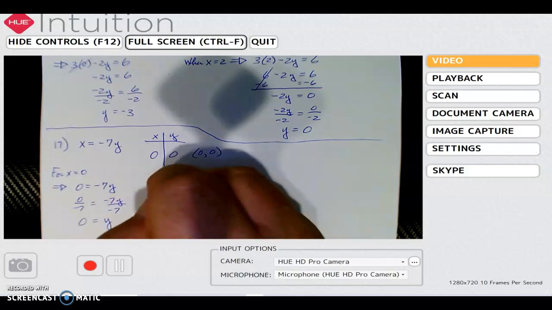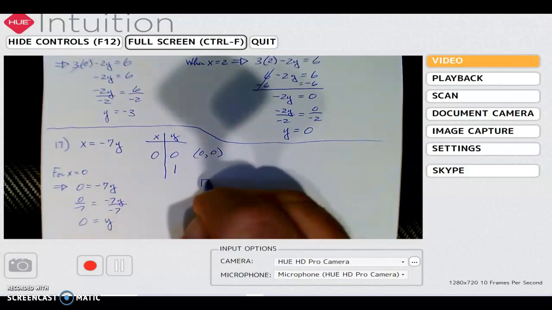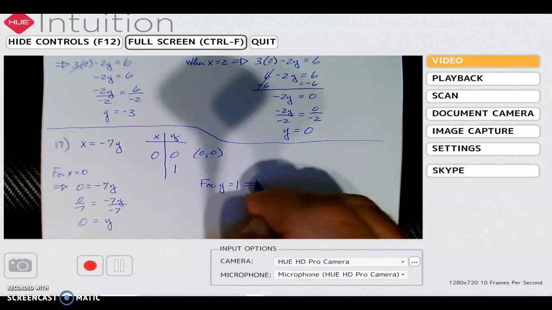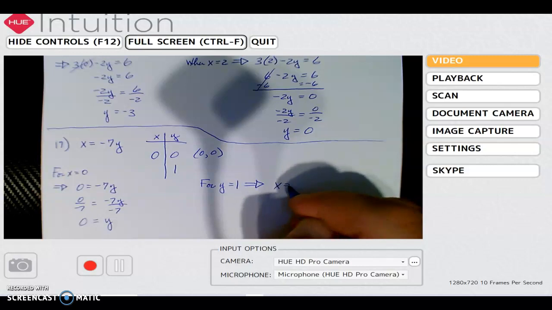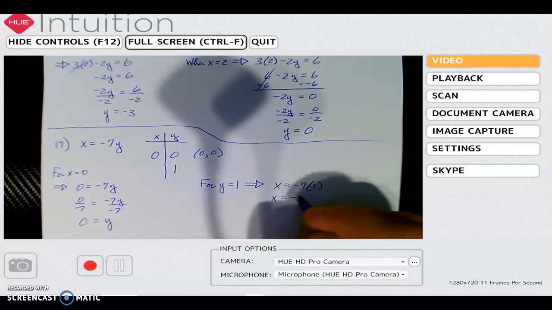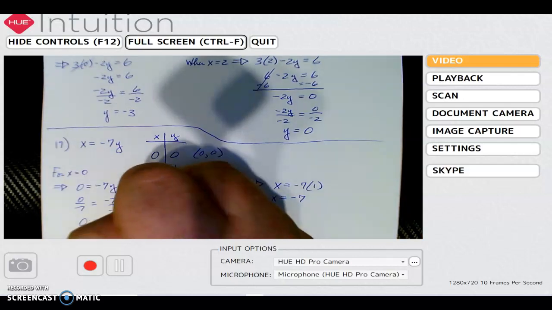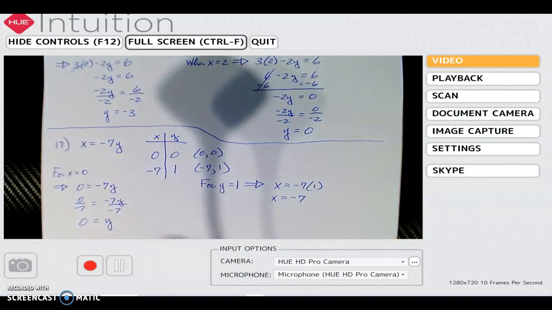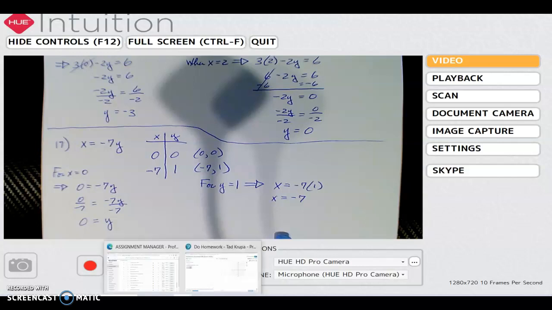And I think if I choose 1, okay, so now I'll say for y equaling 1, then we get that x equals -7 times 1, or x is -7. So then I can plot the point -7 and 1. And so back to MyMathLab.